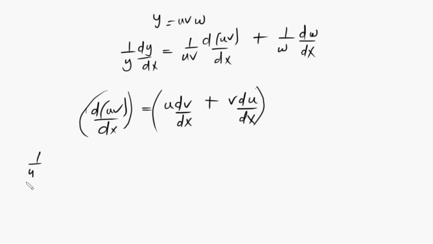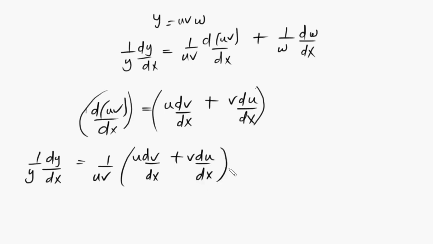So this is just 1 over y dy dx equals to 1 over uv, here we have u dv dx plus v du dx, plus 1 over w dw dx.